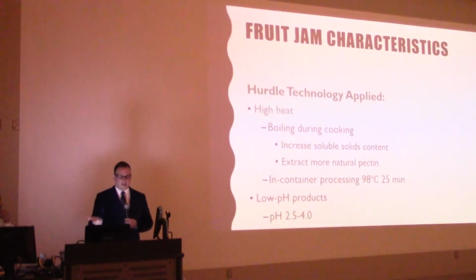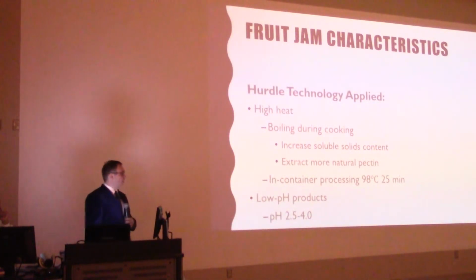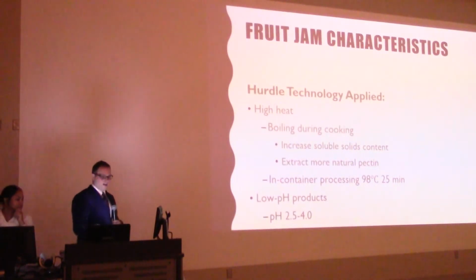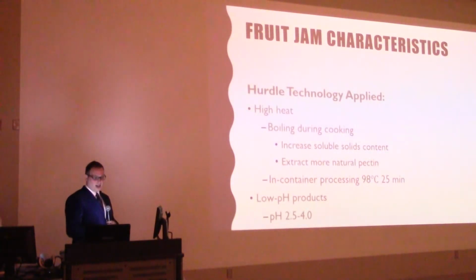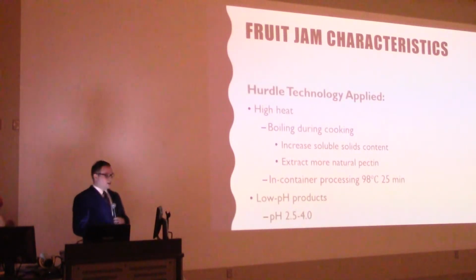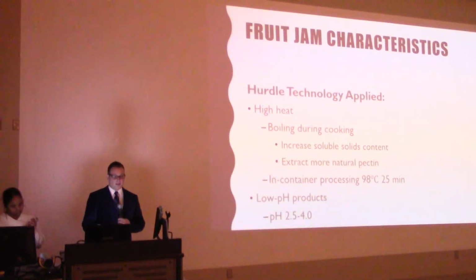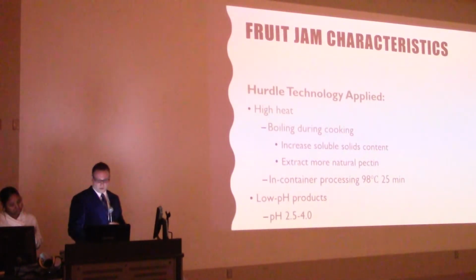It also aids in extracting more of the natural pectin in the fruit. And most of the time, there's also an in-container processing afterwards with the sterilization in a retort of 98 degrees Celsius for 25 minutes. Now, jams are also low pH products with a pH ranging from 2.5 to 4.0.